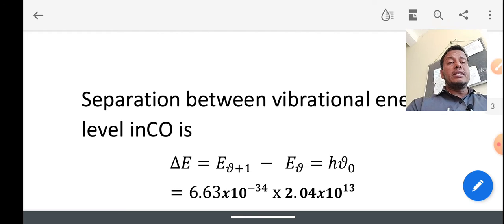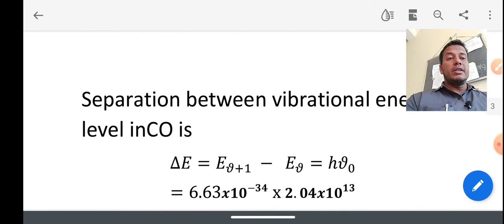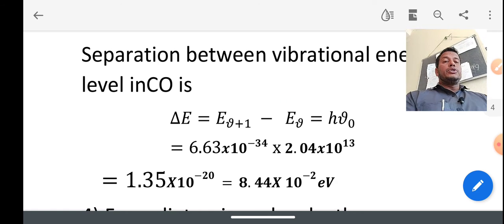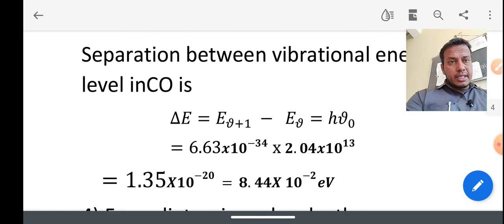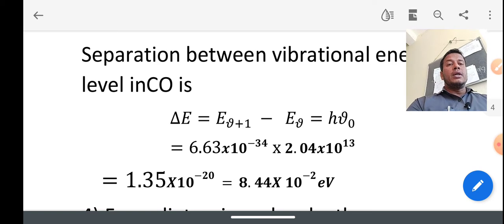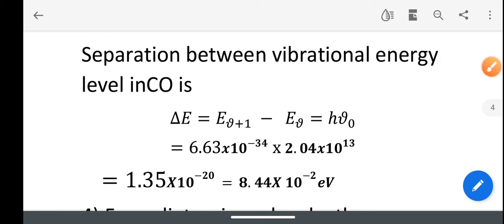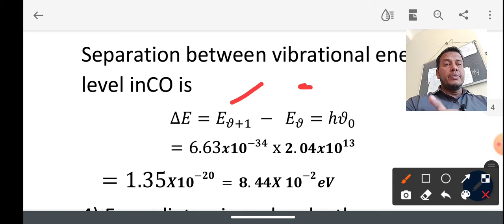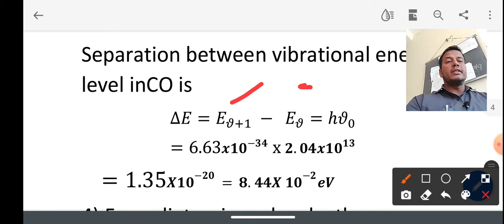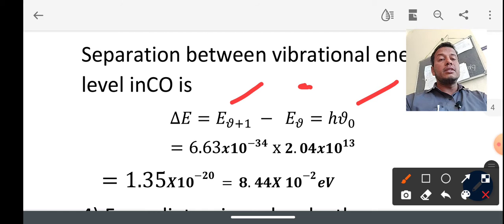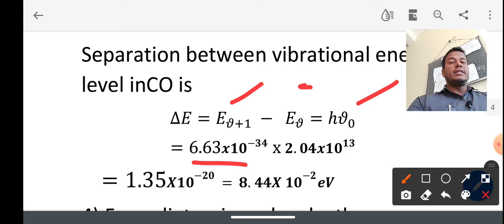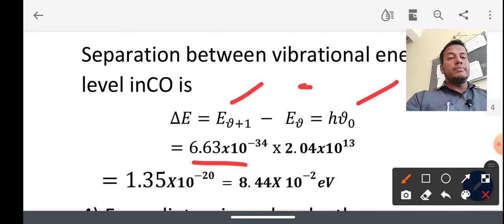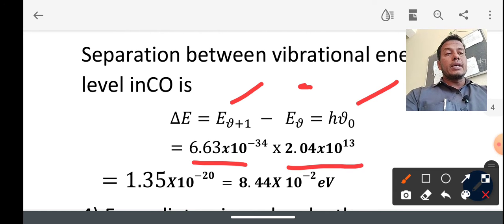Then calculate the separation between the vibrational energy levels in carbon monoxide. As we know, the change in energy is h nu, E of n plus 1 minus E of n. So the difference between consecutive levels gives h nu naught. H is 6.63 into 10 to the power of minus 34, and nu naught is 2.04 as we calculated here.